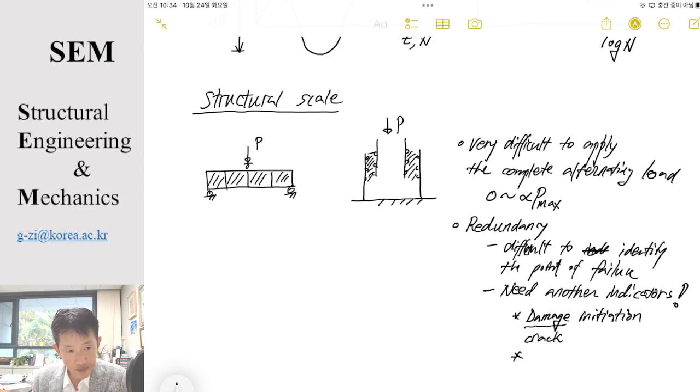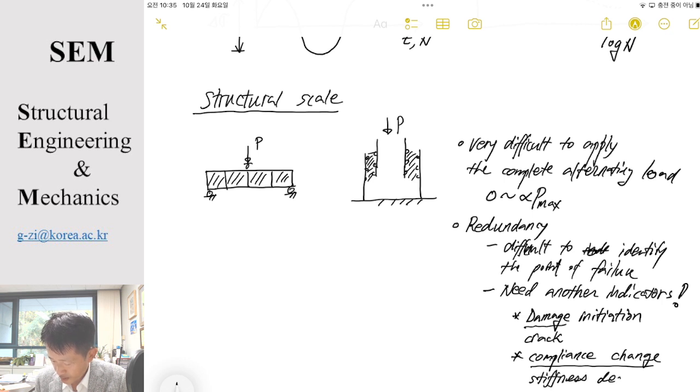That's why instead of that, we may want to use the compliance change. Or in other words, you can say the stiffness degradation, the degradation of stiffness.